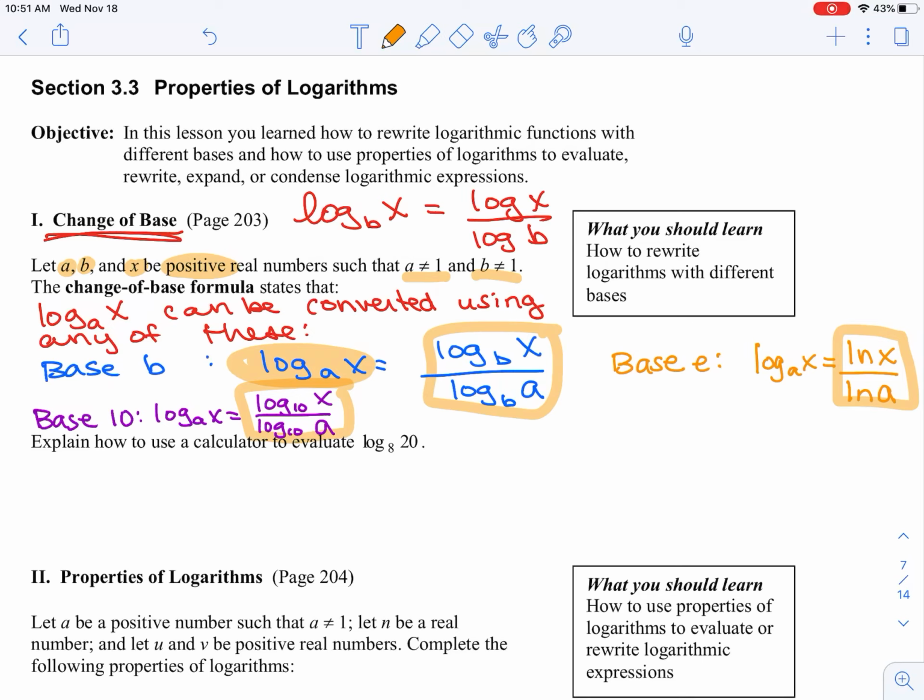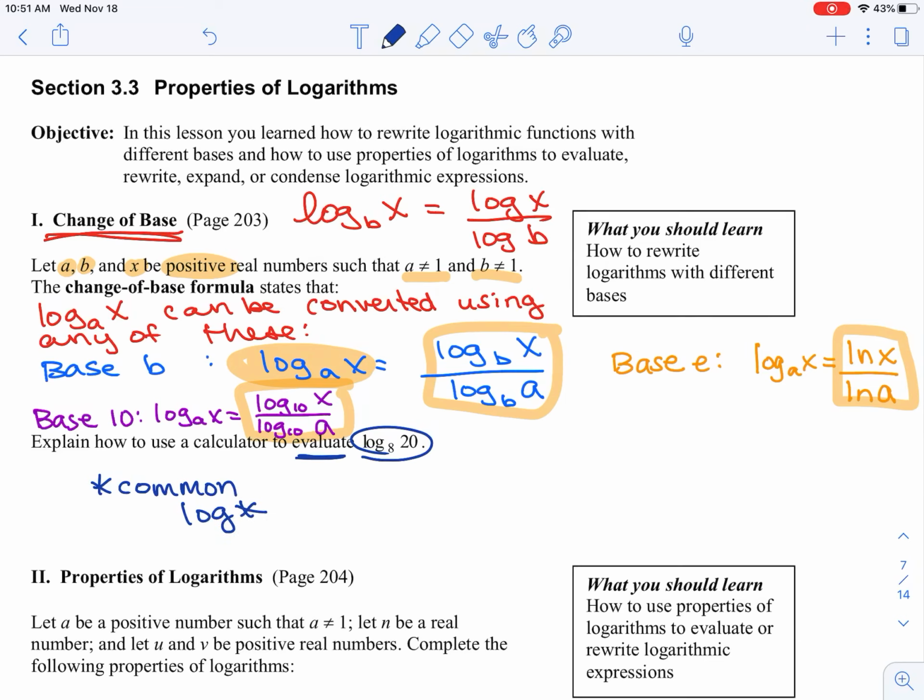So if I was going to use a calculator to evaluate this, here is what I would do. I would use the change of base formula, and the easiest way to do that is I would use the common log in your calculator.